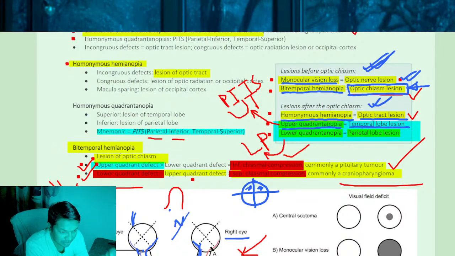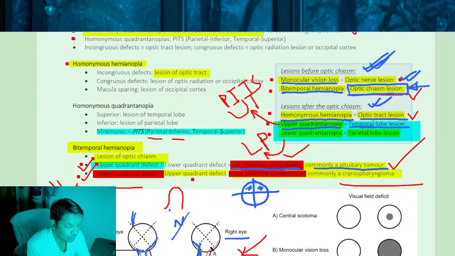then it means inferior chiasmal compression, commonly in pituitary tumor. If there is any pituitary tumor, it can compress, and there will be an upper quadrant defect more than the lower quadrant defect.